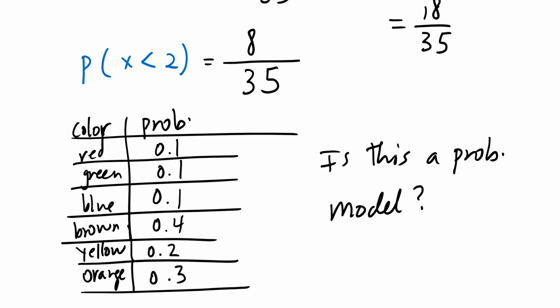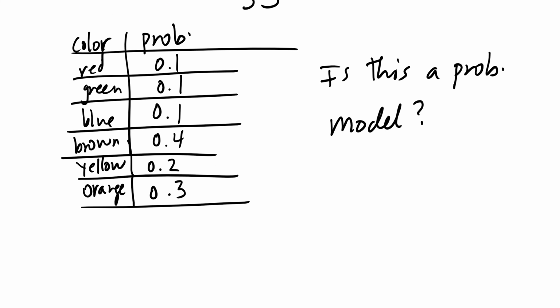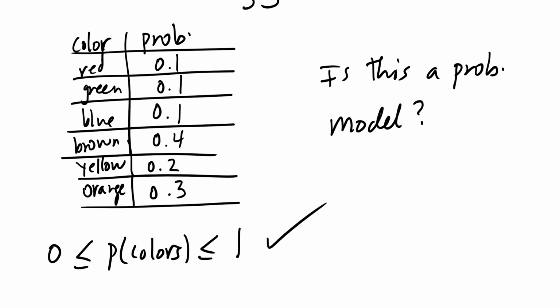Well, what does it mean, probability model? It has to satisfy 2 conditions. One, all these probability answers in the second column have to fall between 0 and 1 inclusive. Are they? Yes, the probabilities of all the colors fall between 0 and 1. That's satisfied.